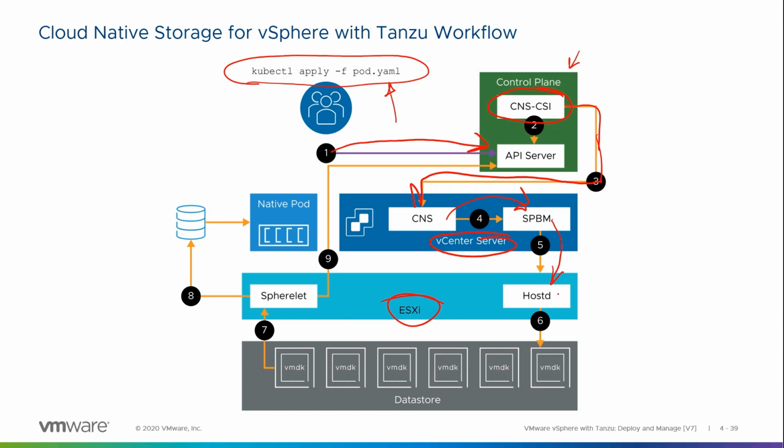He will actually go in and create the first class disk that will ultimately end up in us talking back to Spherelet on that host to tell Spherelet to go ahead and map the disk through to the pod, because Spherelet is watching over all the vSphere pods that are being run. He will then report back up to the control plane, the API server, saying, Kubernetes, we now have a PVC that has been mapped through to this pod.